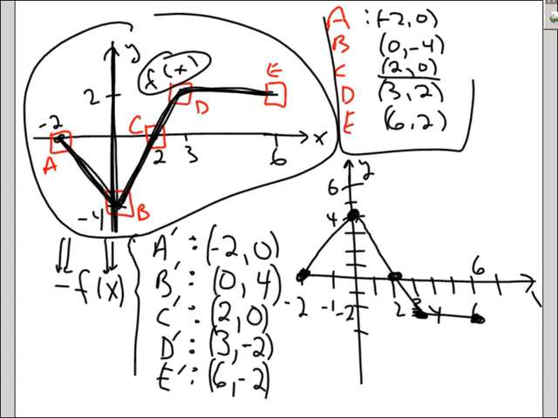It's a reflection across the x-axis. That is, I can go to the original graph and just reflect across the x-axis. Instead of going up 2, I go down 2.